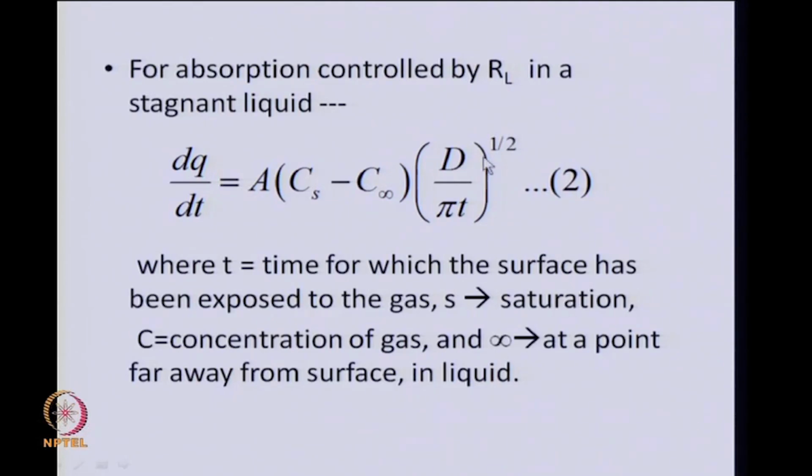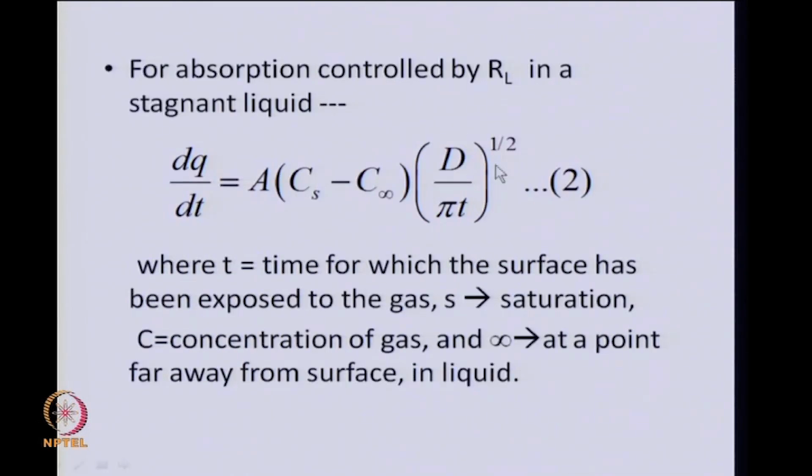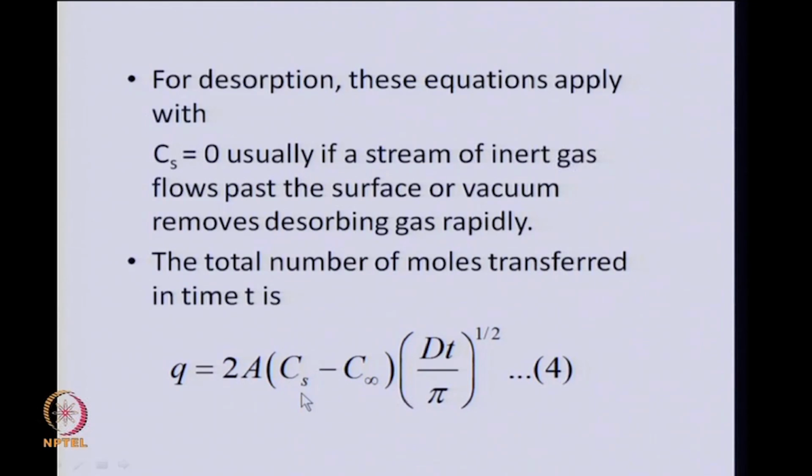When you integrate that, you get t to the power half divided by half, which means t to the power half, which will be root Dt by pi, and divided by half means 2 here. So, Q will become equal to 2 times (Cs minus A infinity) times square root of Dt by pi. This is what the result is of integration. Total moles transferred in time t is given here.